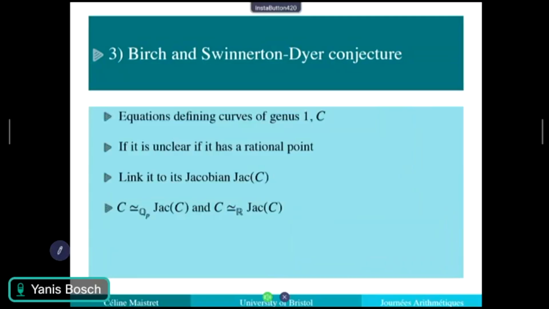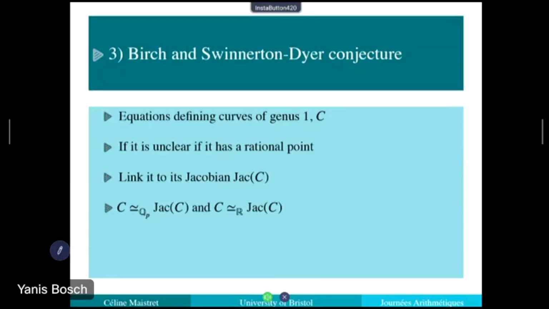But what if you were given this maybe counterexample to the Hasse principle? So you had this genus 1 curve and you didn't know whether it has a rational point. You linked it to its Jacobian, which is an elliptic curve. And when you do this, what is happening is really that your curve C is now isomorphic over Q_p for all primes p to its Jacobian.